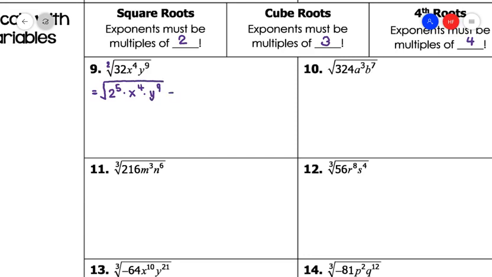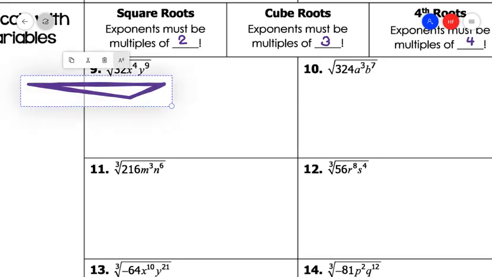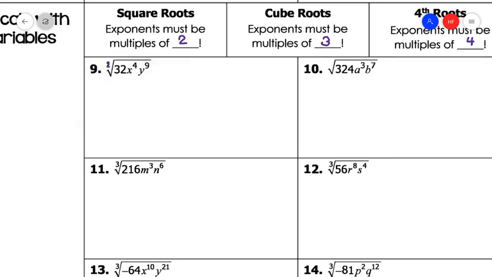So one way that you can do this, instead of having to write everything out again, let me rewrite that, I'm sorry. So instead of having to rewrite all your variables out and saying, well, that's x 4 times, and that's y 9 times, and then circling your numbers, what we can do is write them as multiples of whatever our index is.